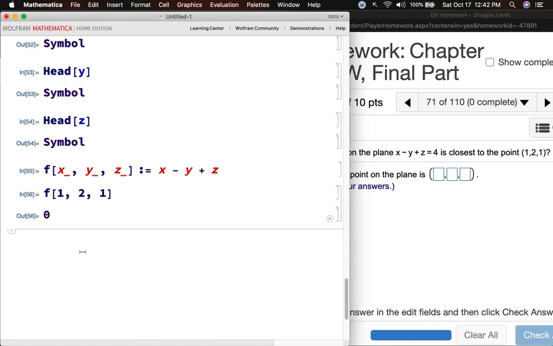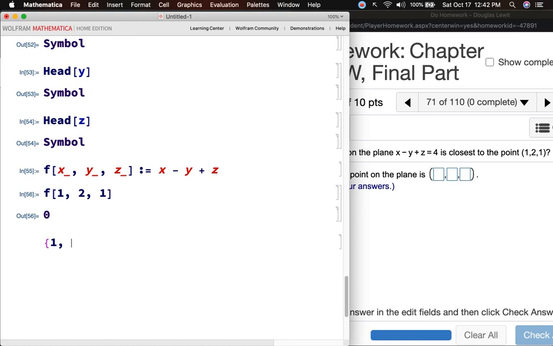So what is the gradient vector? The gradient vector is simply the vector, or the list, of partial derivatives. So for example, for f of x, y, and z, what is the derivative with respect to x?